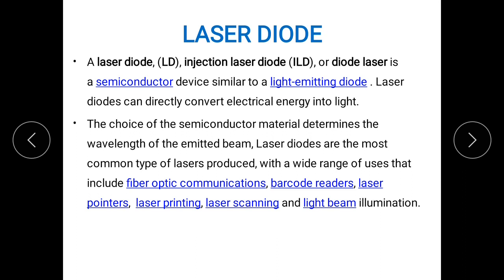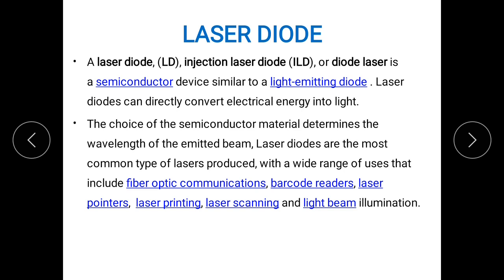L stands for light, A stands for amplification, S stands for stimulated, E stands for emission, and R stands for radiation. And therefore, laser means light amplification by stimulated emission of radiation. And for the production of this laser beam, we must need that stimulated emission of radiation.